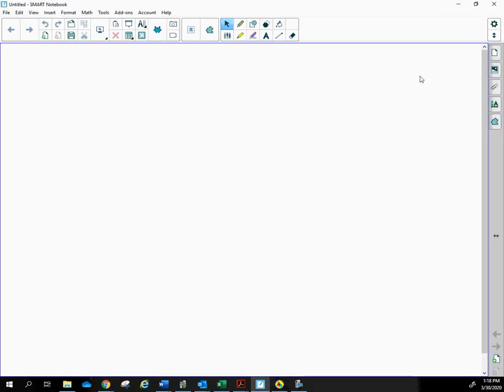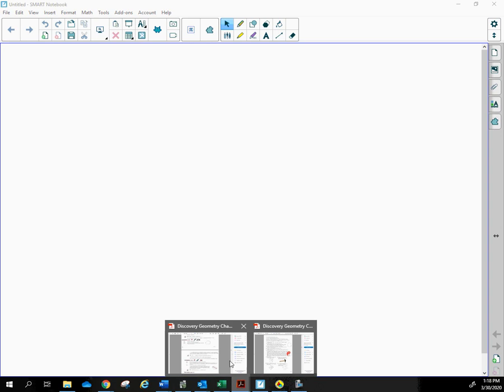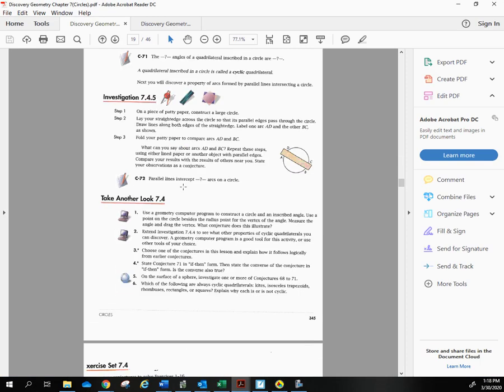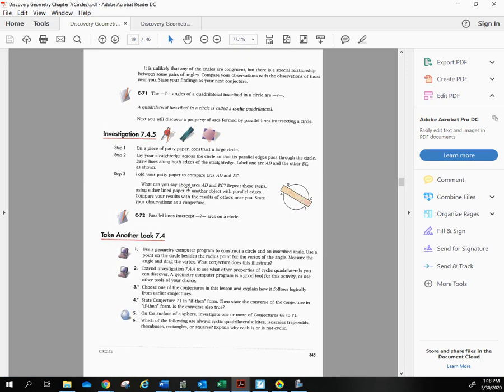So the last conjecture that we have right here, and this is my last one for today, and the rest of them I will show you in a bit that are posted on my website, are not in the textbook. But this one is my last one that I'll cover that's in the textbook, which is conjecture 72, that parallel lines intercept congruent arcs on a circle.